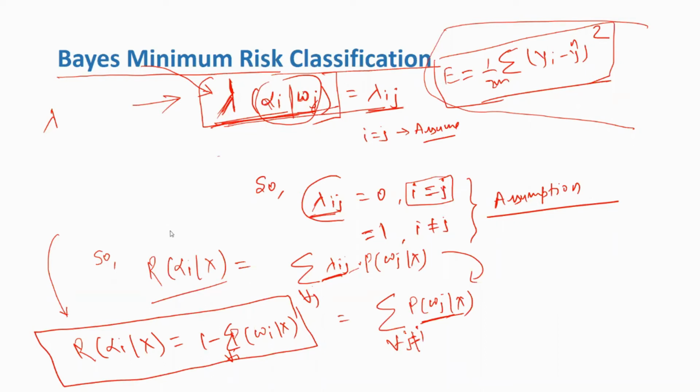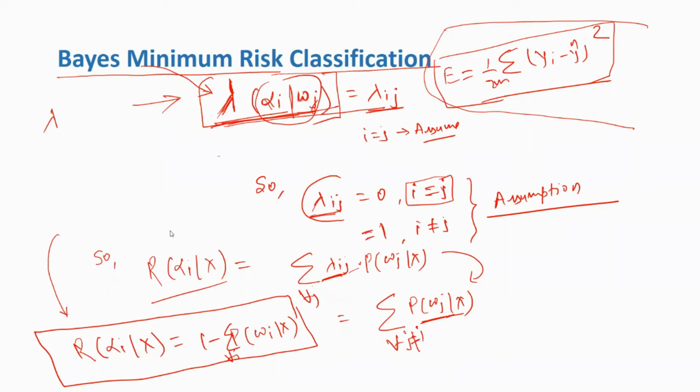Risk means what? When you are performing some task and there is some risk involved, it means some error which will not let you perform this task. So similarly, here also in case of classification, images or say loan defaulter or non-loan defaulter, there is always some risk involved. There is always some error involved while predicting the features into classes.